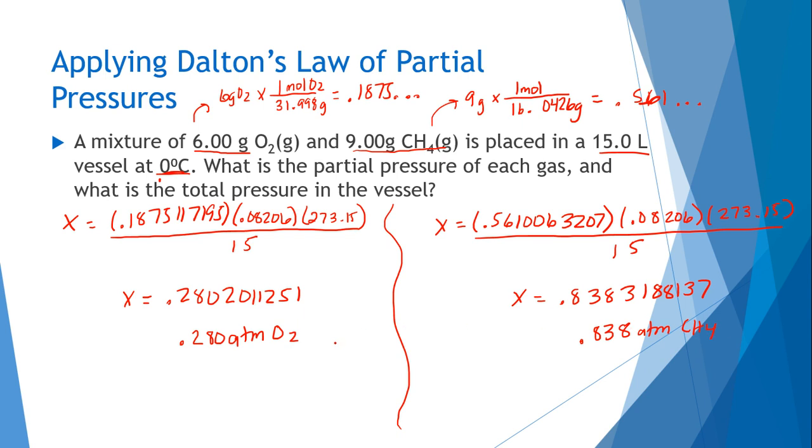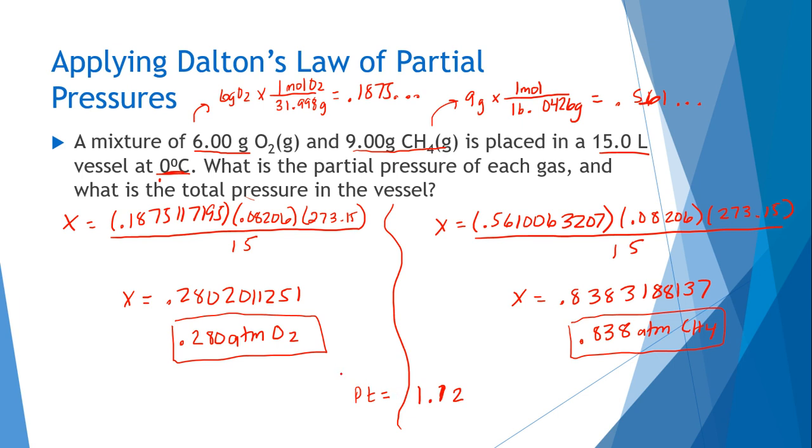Okay. Now, if it's asking you to find the partial pressures of each, both of those are answers that you should have. So I'm going to go ahead and box those in. And then it's also asking for total pressure, so PT. Remember, total pressure is these added together. So when we add those together, we get about 1.12.